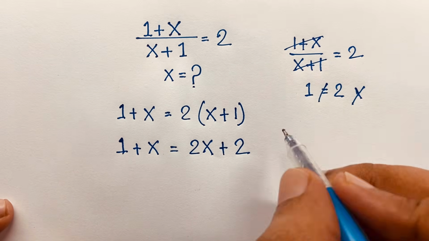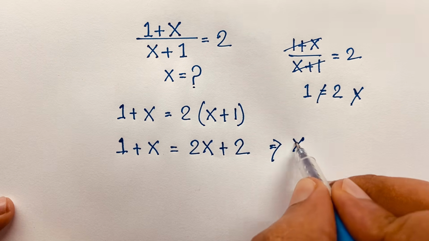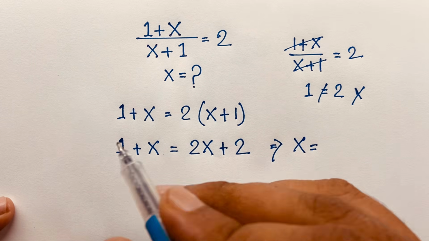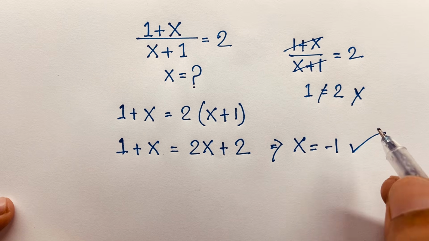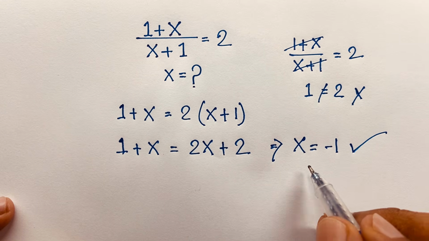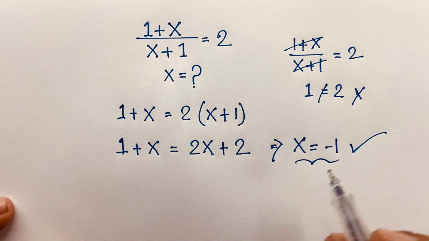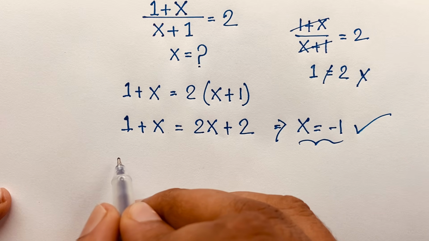Now at this moment you can say 2x minus x will be x, and 2 minus 1, or 1 minus 2, is minus 1. So we'll find out x is equal to -1. This is our answer. But you can try other methods, like squaring both sides.